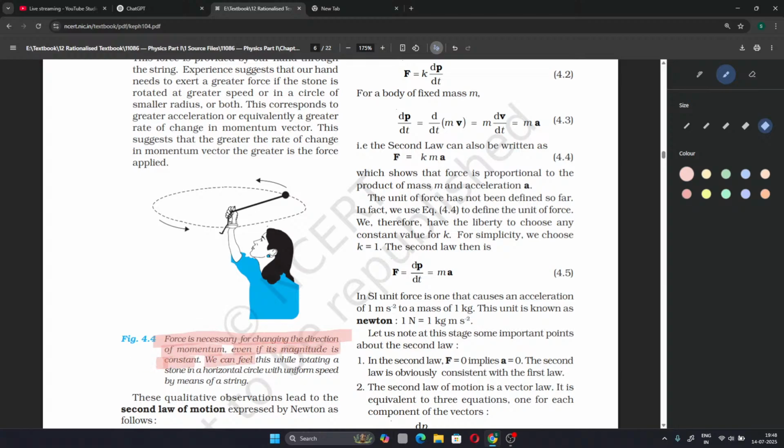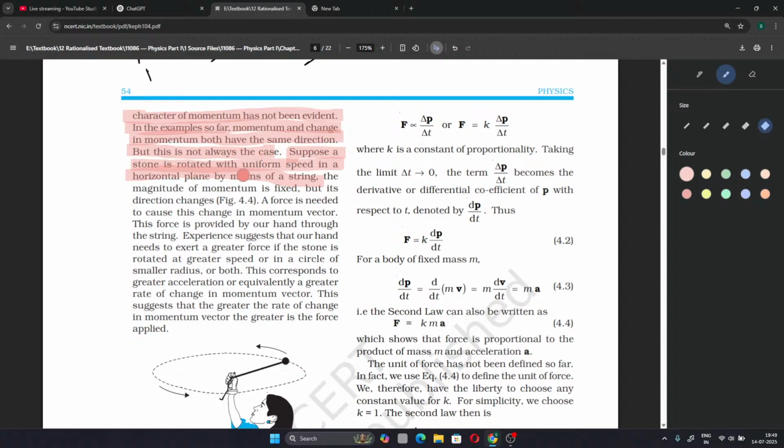We can feel this while rotating a stone in a horizontal circle with uniform speed by means of a string. Even though it is going in circular motion, the speed of the stone remains constant, but we know velocity and momentum are vector quantities, so the direction keeps changing in circular motion. So we need to apply force to change the direction.